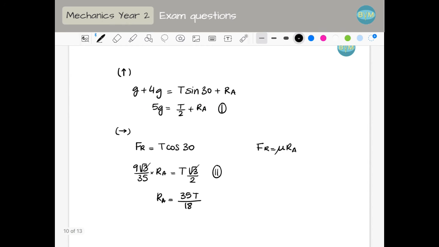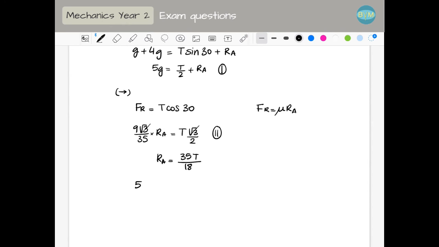I substitute in this one, and I have that 5g is going to be t halves plus 35 over 18 t. I can multiply everything by 18, or I can add them first. It really doesn't matter. So there I have 5g is going to be 9 plus 35, 44 divided by 18 t.